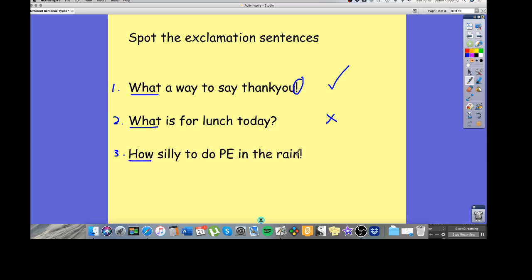There's our how, and there's our exclamation mark. So that one is an exclamation sentence as well. They start with what or how and always end with an exclamation mark. You couldn't take what is for lunch today and change it to an exclamation mark because it's a question. So what can be a bit confusing, because sometimes it starts a question, sometimes it starts an exclamation.